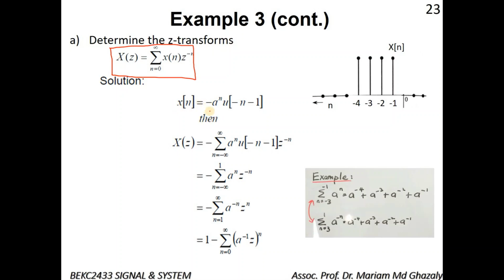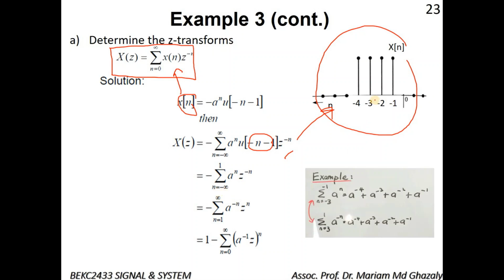So x[n] is equivalent to minus a^n u[-n-1]. Just substitute this value of x[n] into here, and you will get this equation. Referring to this, you can rewrite it again, ignoring the minus n minus 1 here. Look at this graph here.